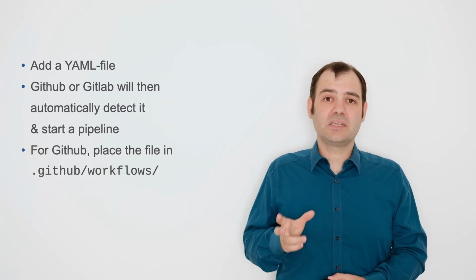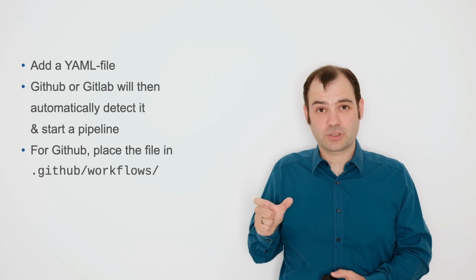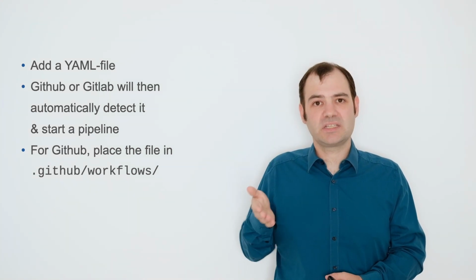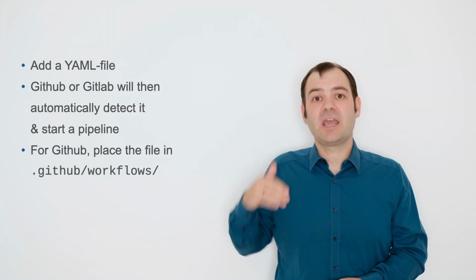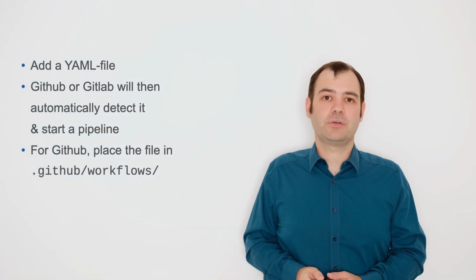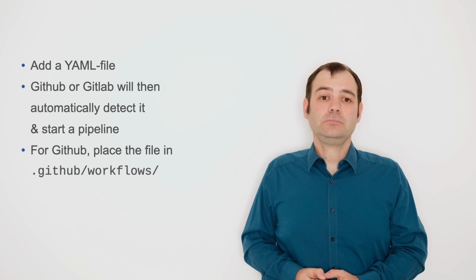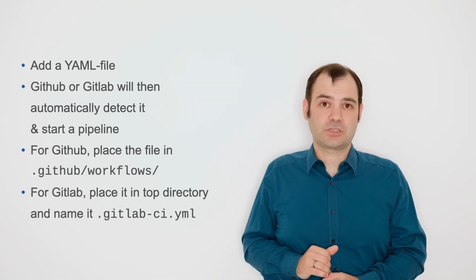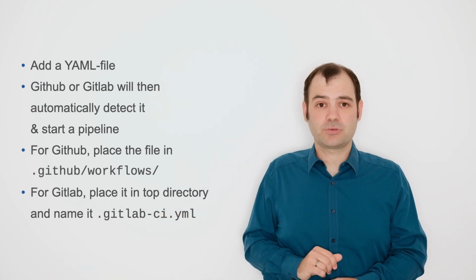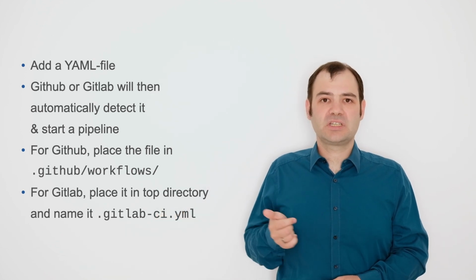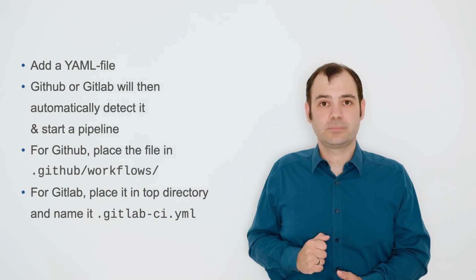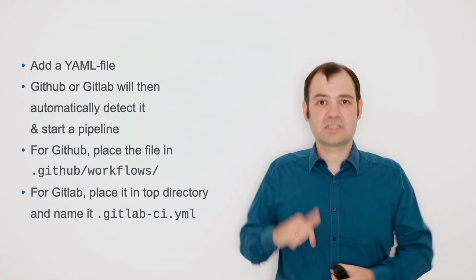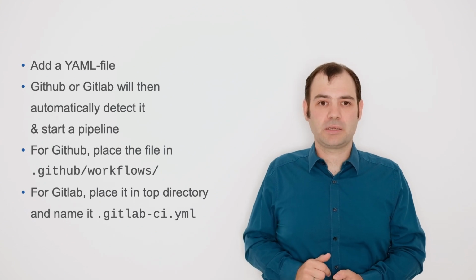For GitHub, they need to be in a separate directory and a specific directory. And then this one is called .github/workflows. And in there, you can have multiple of these YAML files. For GitLab, you place it in the very top directory, so not in a subdirectory, but you have to name it .gitlab-ci.yaml. And then GitLab detects this very specific file is present, therefore it will run a pipeline.